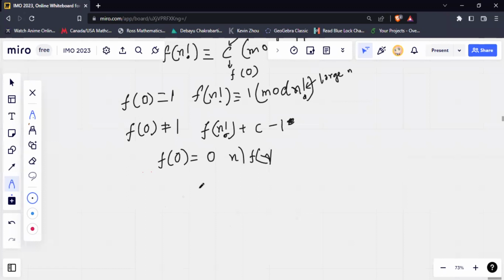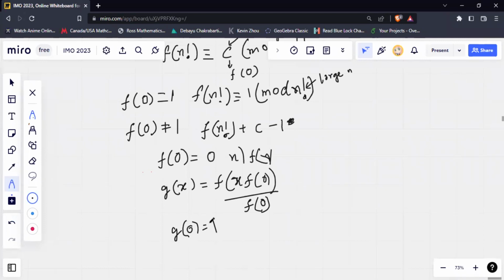Okay, so we do the magic substitution. This forces G to have, like, this forces G of 0 equals 1.